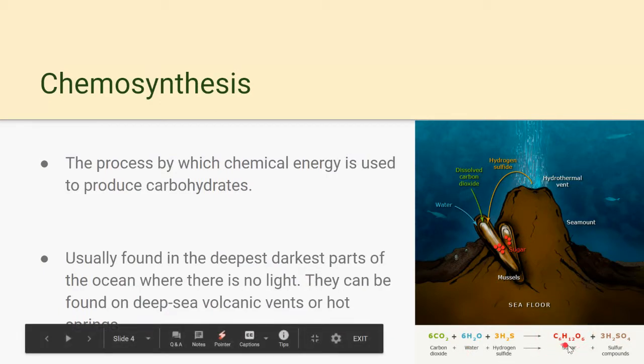So C6H12O6 is essentially just glucose. It's the same exact sugar that plants make. And then we have, instead of oxygen as our byproduct, this sulfur compound as our byproduct.